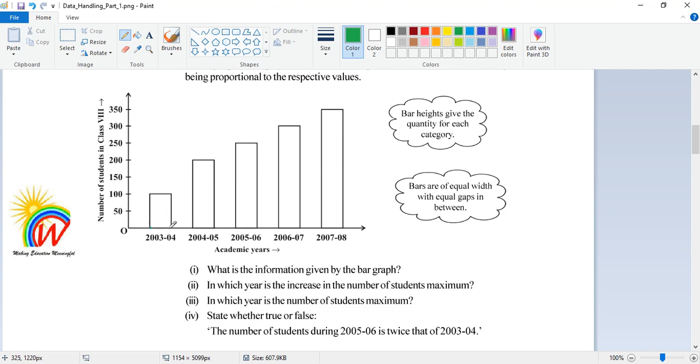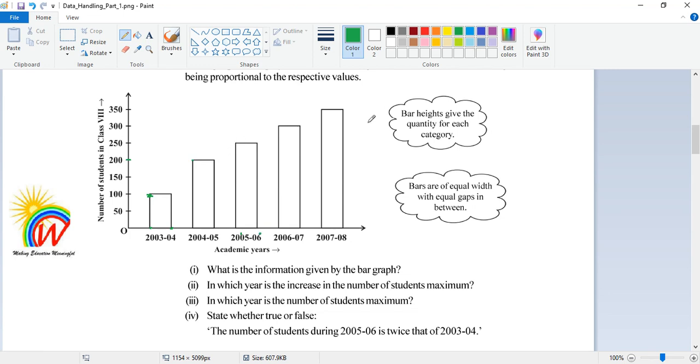This whole bar represents one year. The number of students in class 8 was 100 in 2003 to 2004. In 2004 to 5 there were 200 students. In 2005 to 6 there were 250, and so on.